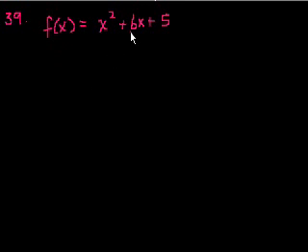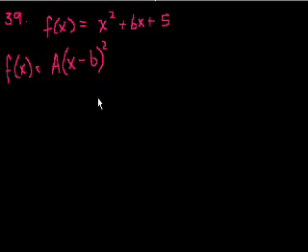What we have to do is just write this in that form. Let's see, if we could write this function in the form f of x is equal to a times x plus or minus something, I don't know, b squared plus c, then we know the vertex happens when x is equal to b, right?